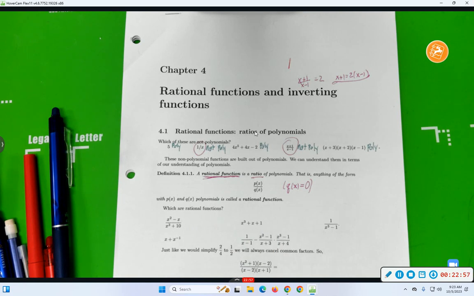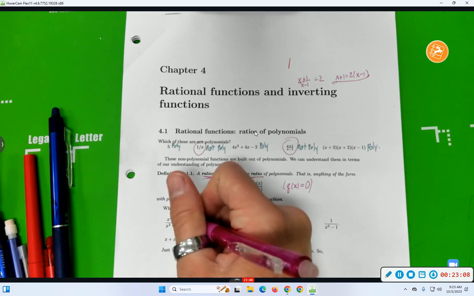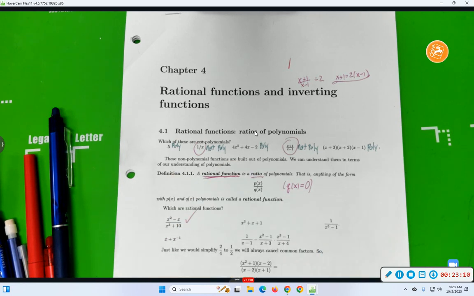All right, so let's classify each of these as rational functions or not. Is it a rational function? Is it a ratio of polynomials? Yeah, of course. Next one, x cubed plus x plus 1, is that a polynomial? Folks for yes? Anyone for no?